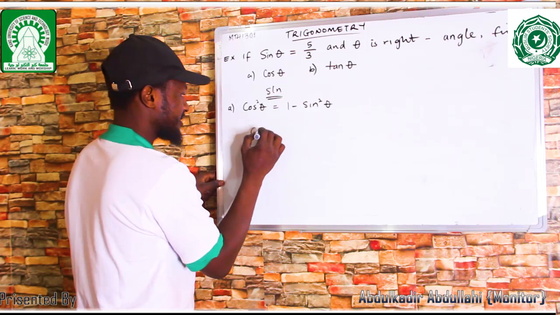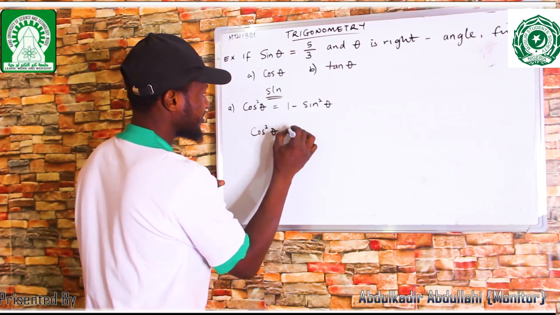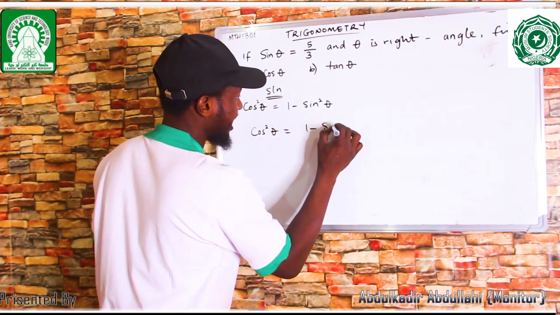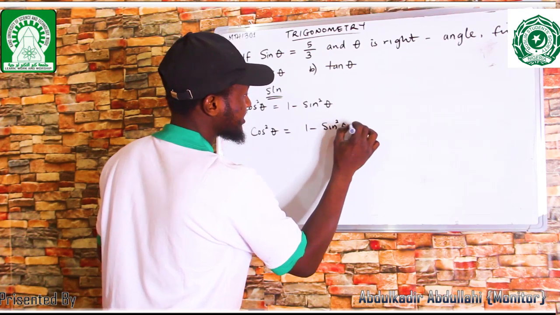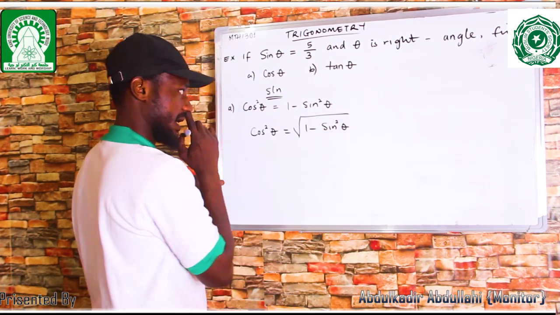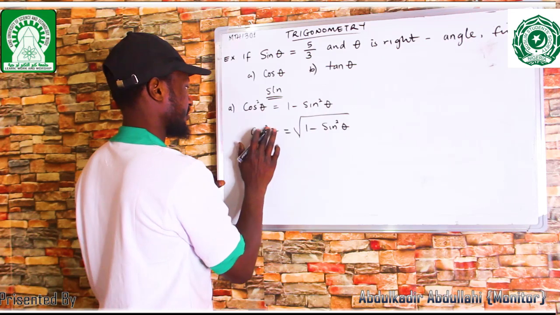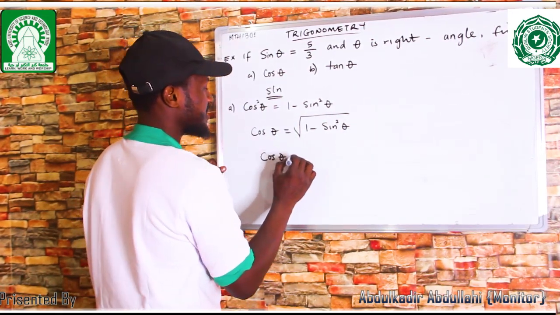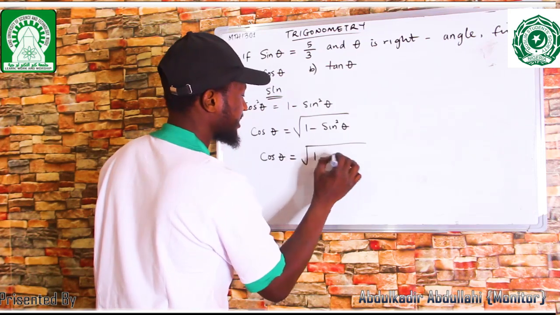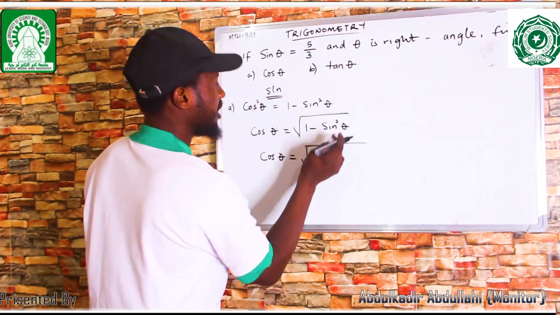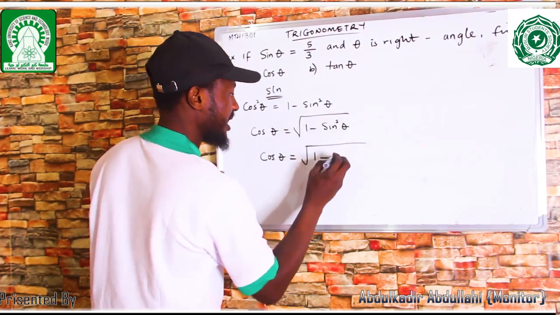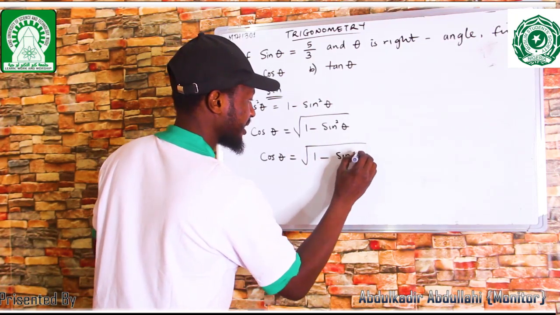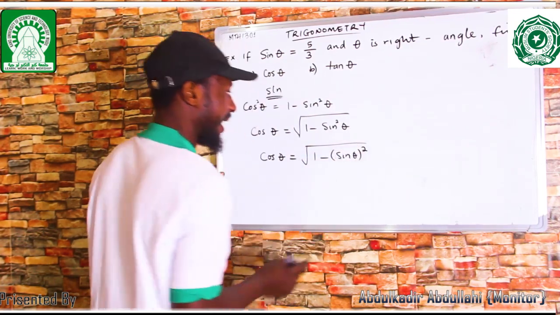So cos square theta is the same thing as 1 minus sine square theta, and taking the root of both sides, we have cos theta equal to the root of 1 minus sine square theta.